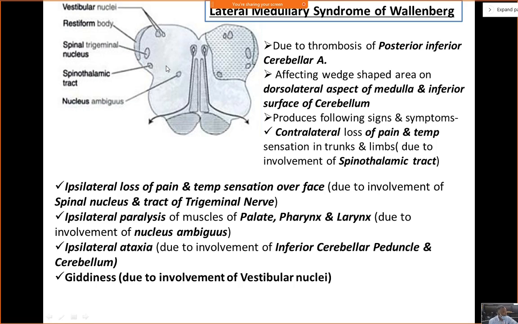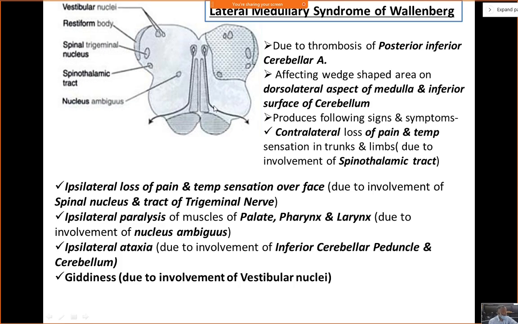So if my left side posterior inferior cerebellar artery is involved or thrombosed, then my left side sensation will be lost in the facial region, but on the opposite side of the limb and trunk.